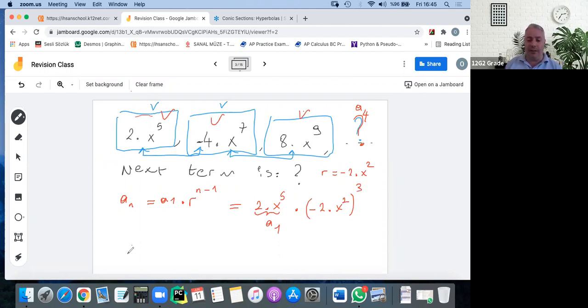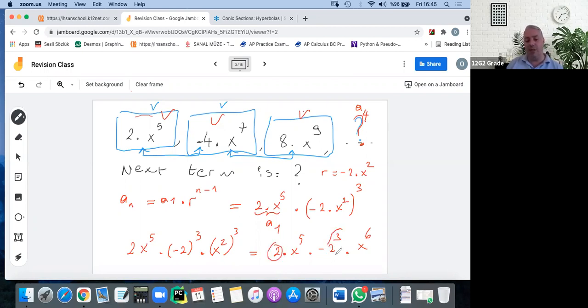So the answer is 2x to the 5, -2 to the power of 3, x to the power of 2 to the power of 3. Which will be 2 times x to the 5 times -2 to the 3 times x to the 6. So 2 to the 3 is 2, 4, 8. 8 times 2 is 16.